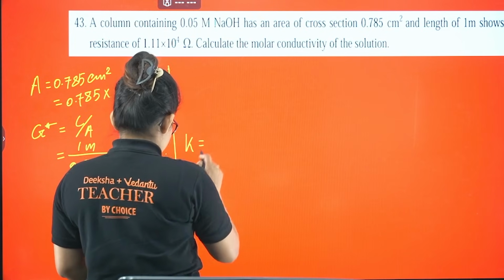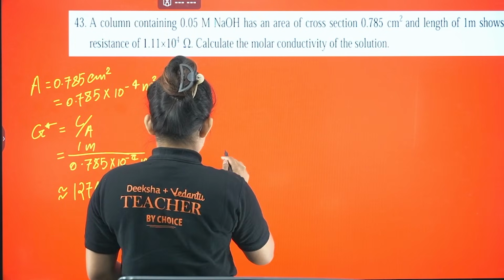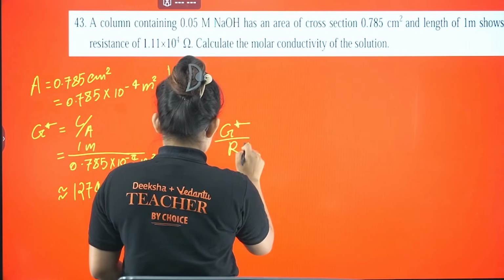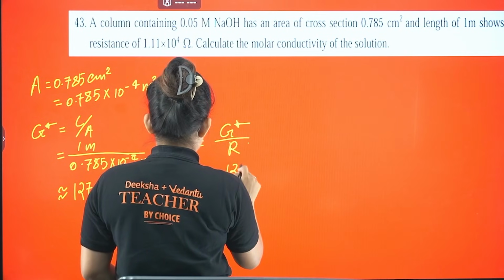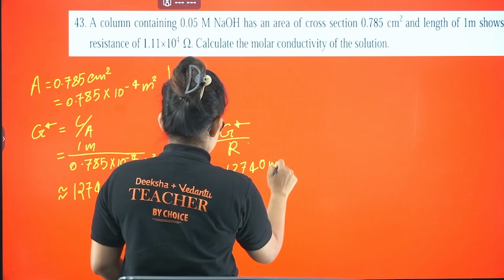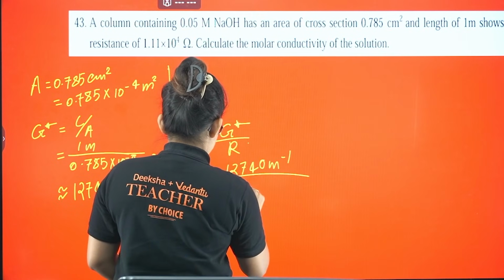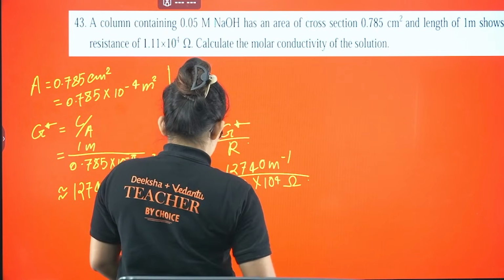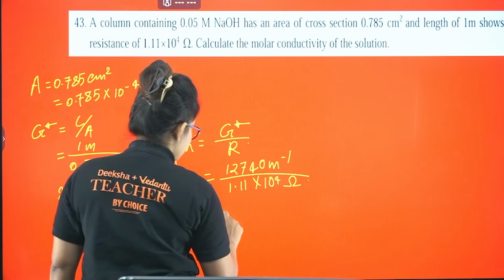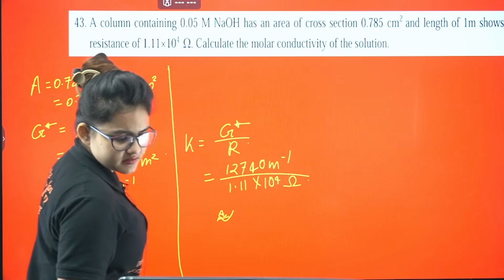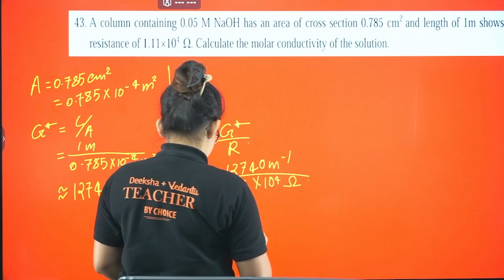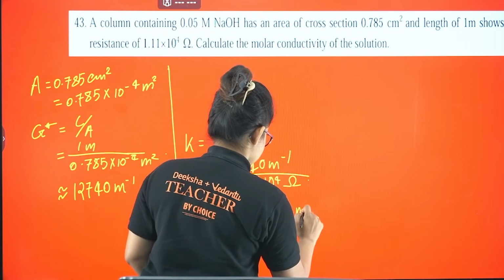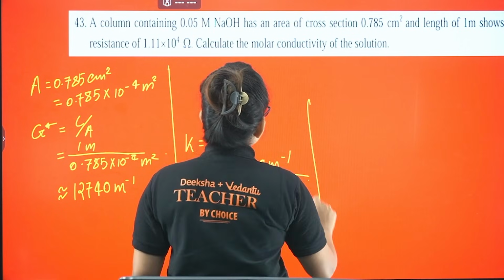Kappa is basically equal to G star by R. So G star value is 12740 meter inverse divided by 1.11 into 10 power 4 ohm. From here, if you calculate, kappa will come up to be something like 1.148 Siemens per meter.